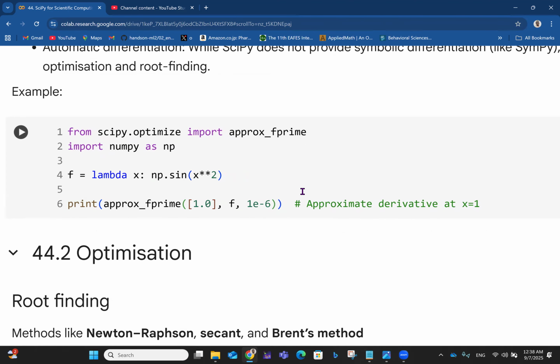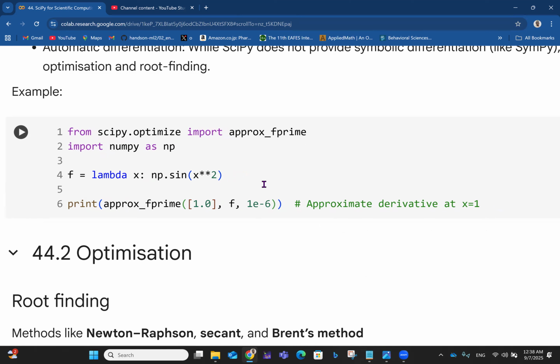Okay. So having done that, we come to the differentiation part. Here we want to approximate the derivative at x equals 1. So this is sine x squared, and if you differentiate it, it's a function of a function. You differentiate x squared, you get 2x, and you differentiate sine, you get cos. So that's 2x cos x squared.